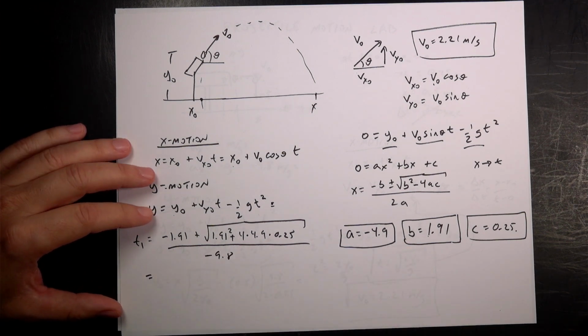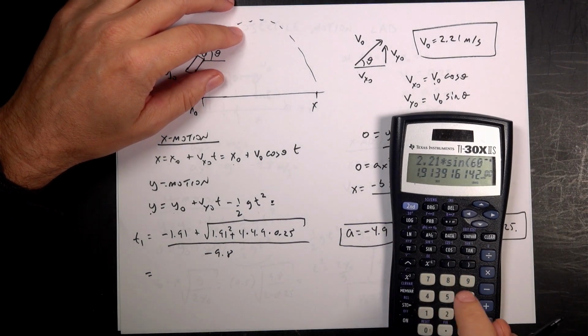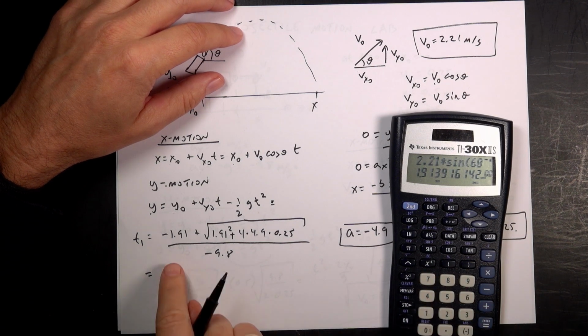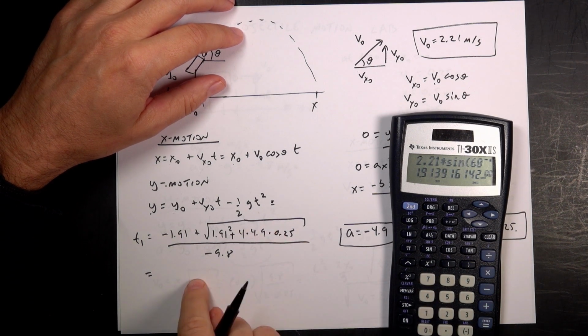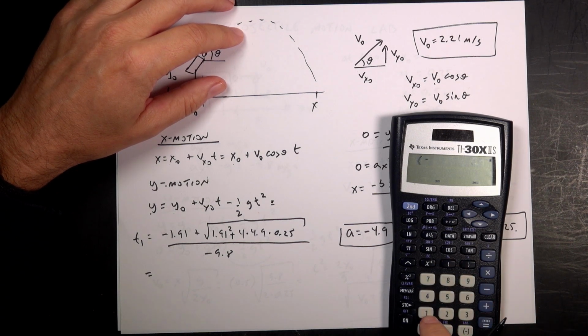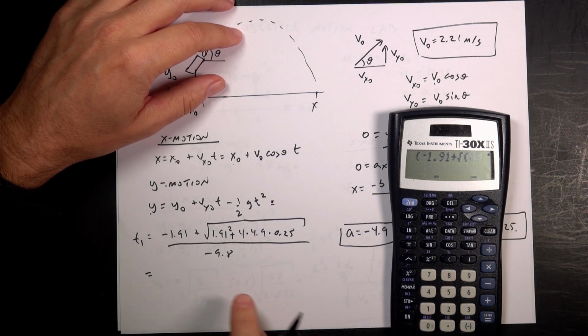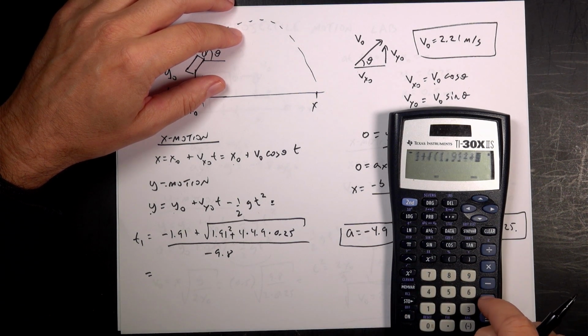So let's put this in our calculator and say clear. Let's see if we can do this. I'm going to put parentheses to make sure that I add these before dividing by that. So I'm going to say parentheses, negative 1.91 plus square root, 1.91 squared plus 4.9 times 4 times 0.25.